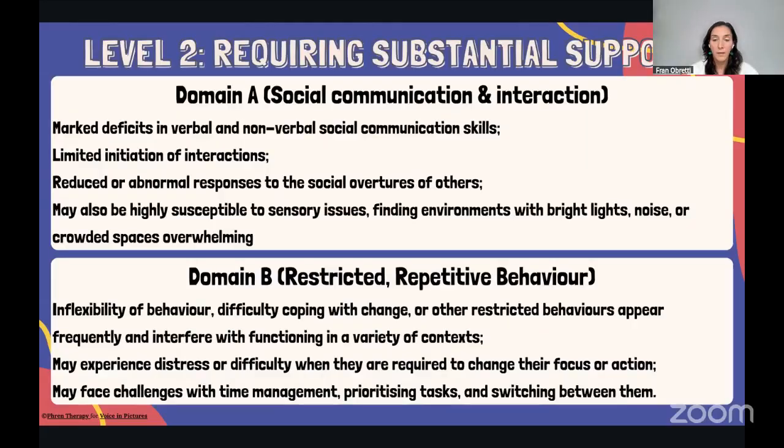They might not be able to maintain focus on activities or switch between activities without facing distress. They may struggle to organize their daily chores, with their time management and with their independence in general.